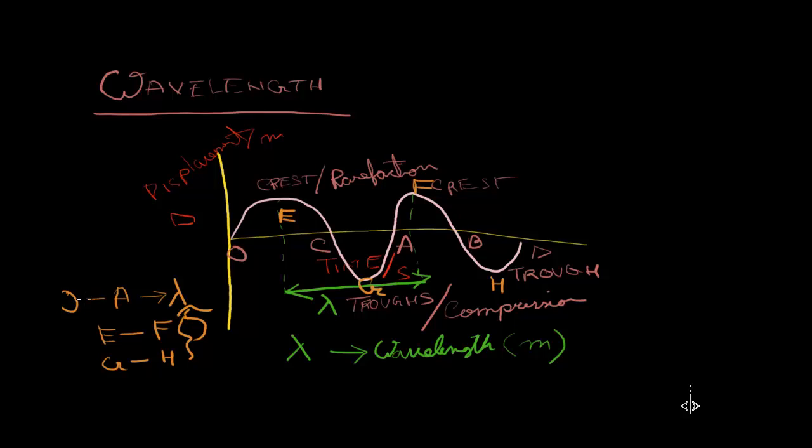How can OA be the wavelength? This is neither crest, this is neither trough. You'll get the answer in a while. To understand wavelength better, we need to have an idea about the phase of a particle in a wave. Well, the phase is one particular stage of the complete cycle.